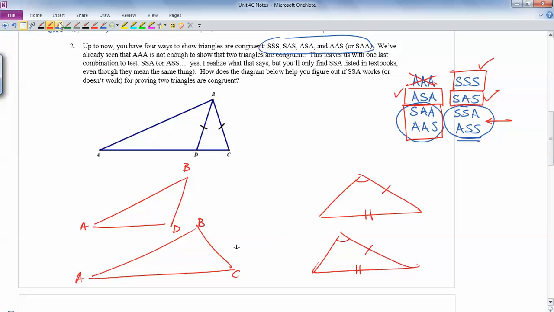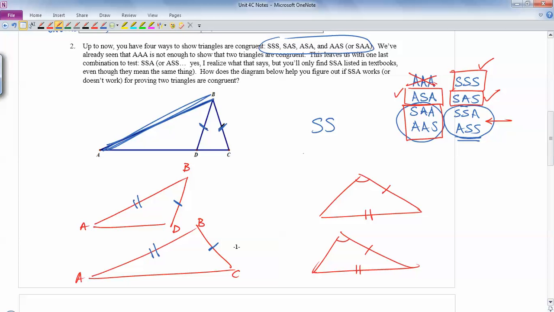And some of the things that we know: BD and BC are the same. So in this picture, that's this line and this line. But we know some other stuff is the same. AB is in both of these diagrams, so AB is the same too. So right now I've matched up 2 pairs of sides. I have SS, and the 2 sides are touching each other.